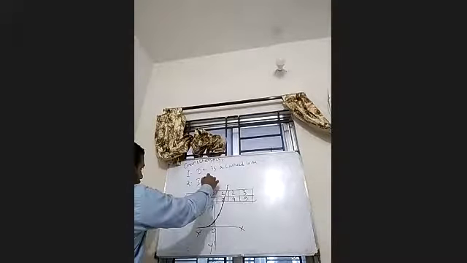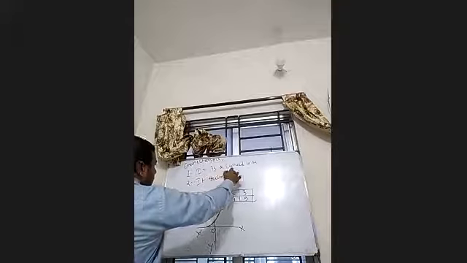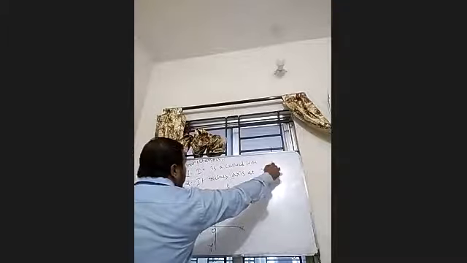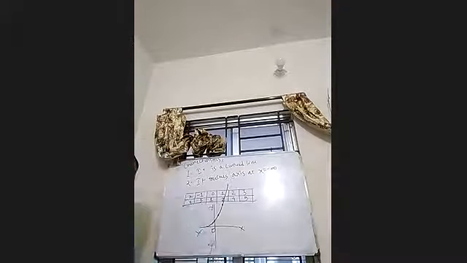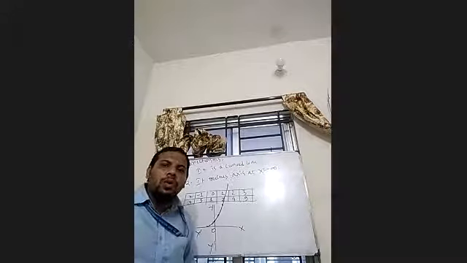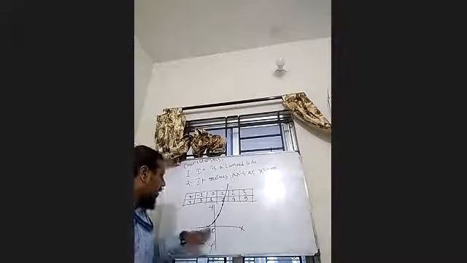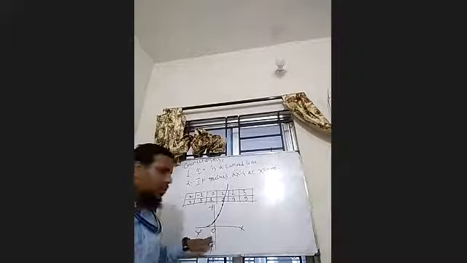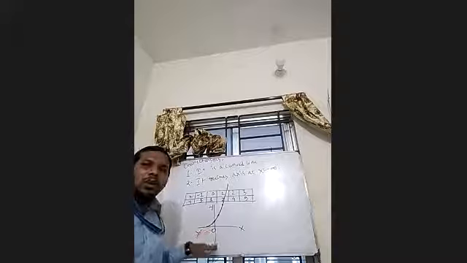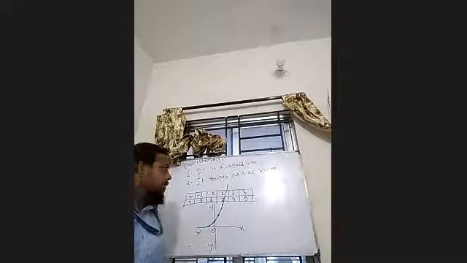Number 2, it touches the x-axis at x equal to negative infinity. And number 3, as y has no negative values, this graph has no existence below the x-axis.